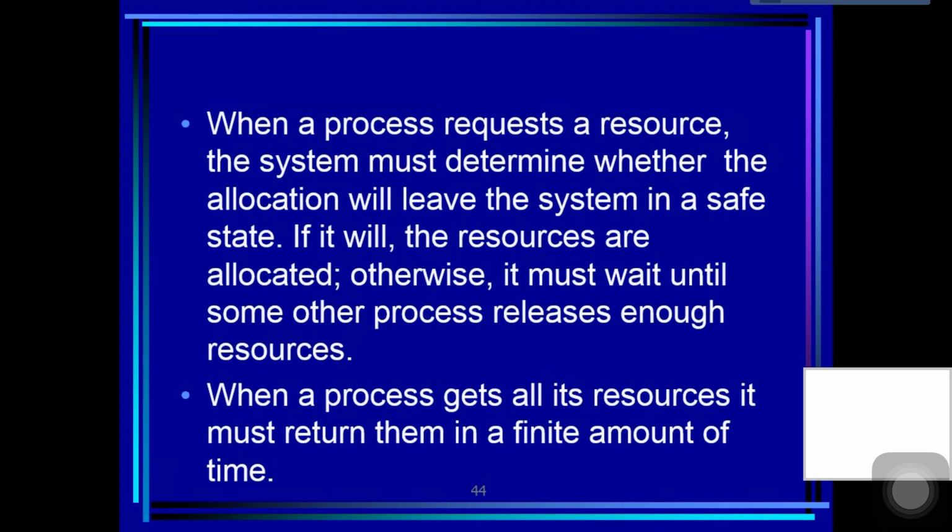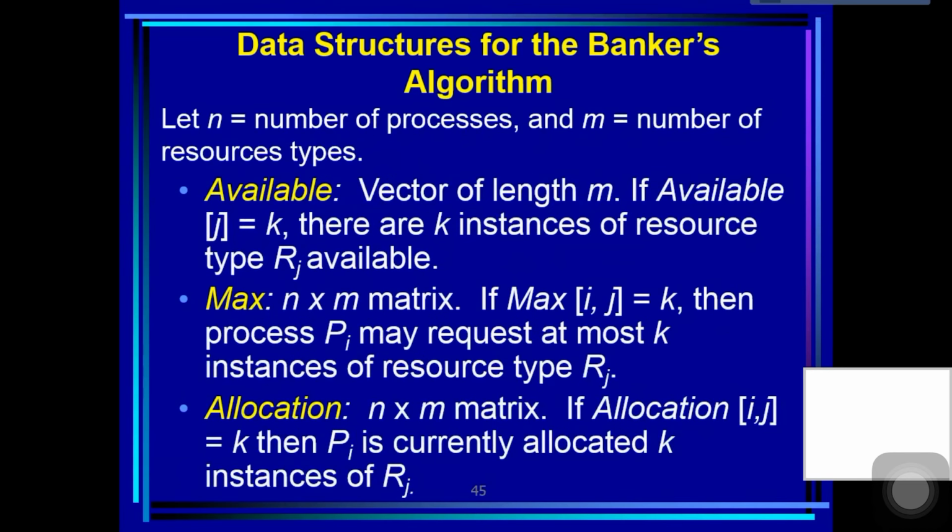Several data structures must be maintained to implement the Banker's algorithm. These data structures encode the state of the resource allocation system. We need the following data structures, where N is the number of processes in the system, and M is the number of resource types.